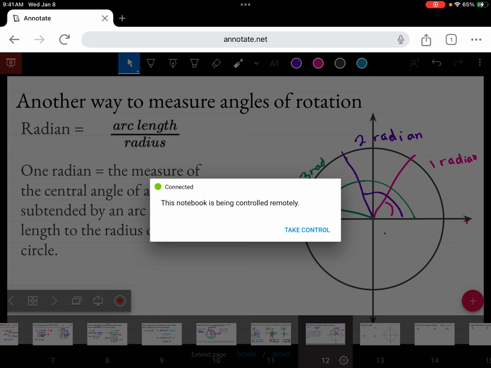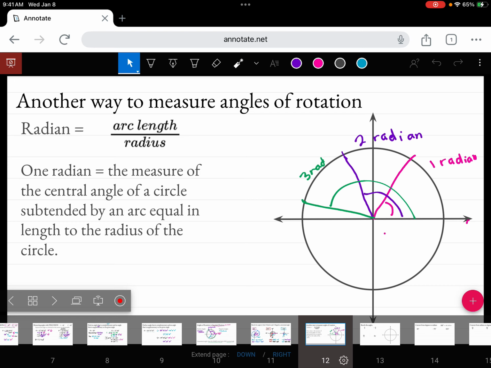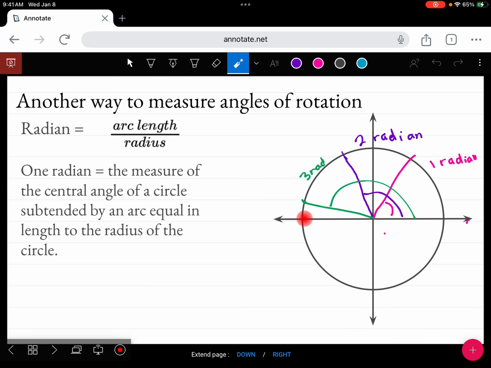It's relating our circumference, or our arc length, technically, to our radius. How do we relate the radius to the whole circle? Like, how do I find the circumference of a circle? Do you guys remember? 2 pi r. So the whole way around the circle is going to be 2 pi times whatever our radius is.